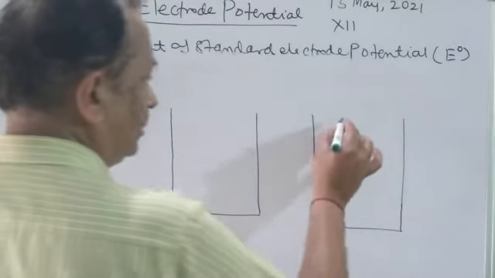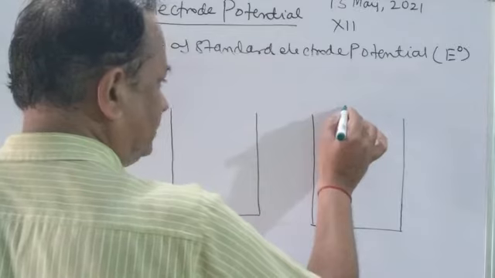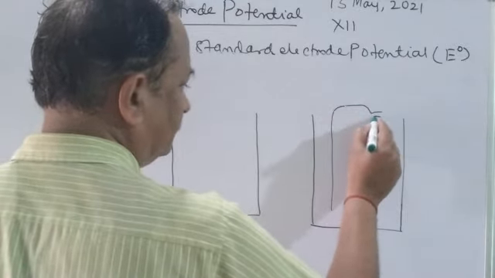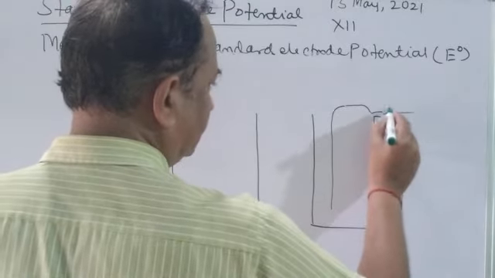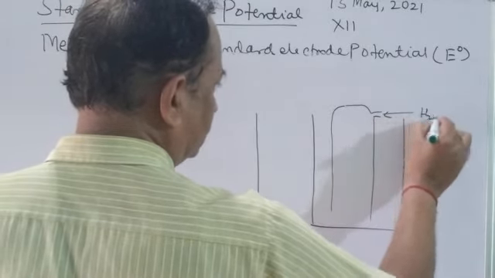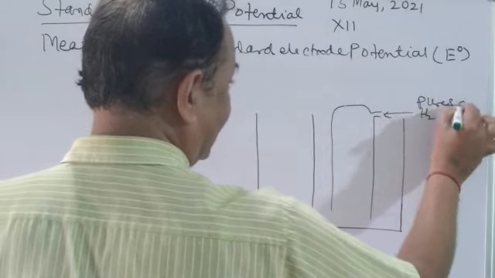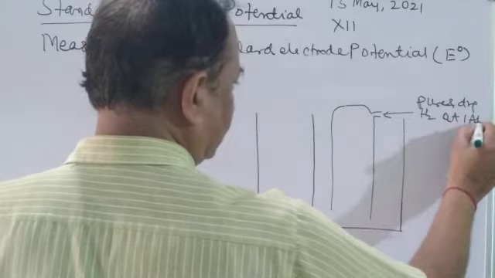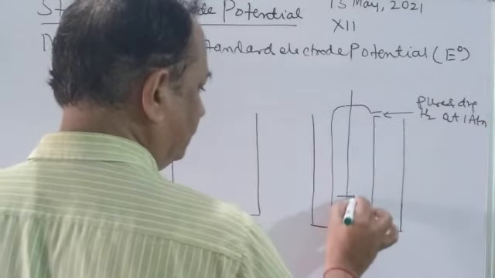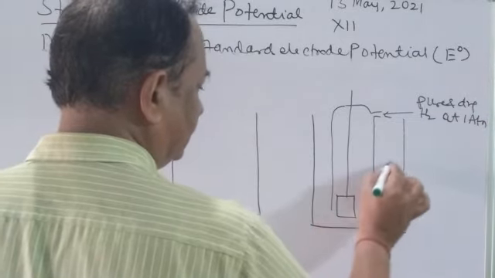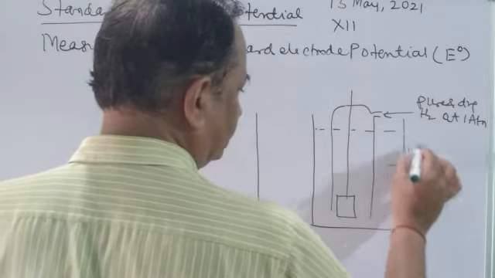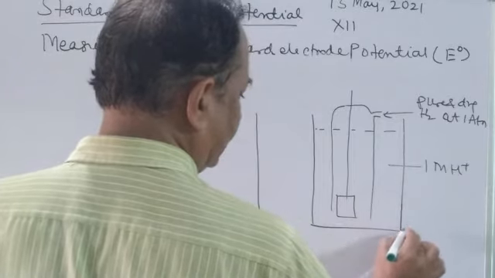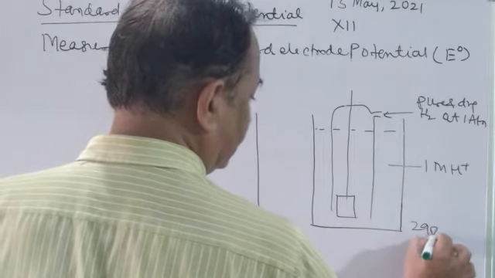So here we'll have the same arrangement and the same condition: H2 pure and dry at 1 atmosphere, and again here there will be platinum, and this is 1 M, and again here there will be 298 Kelvin temperature.